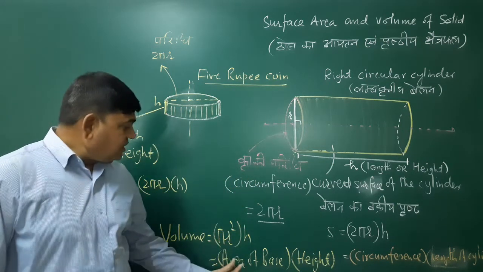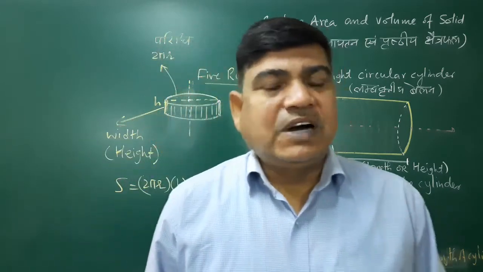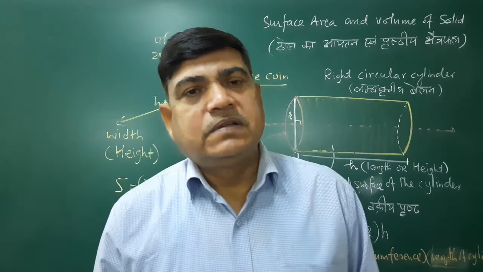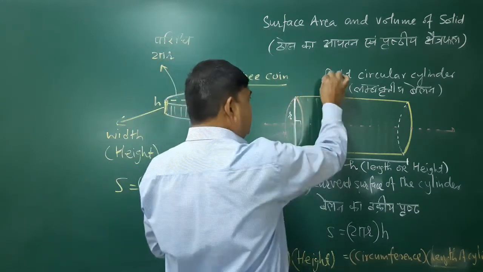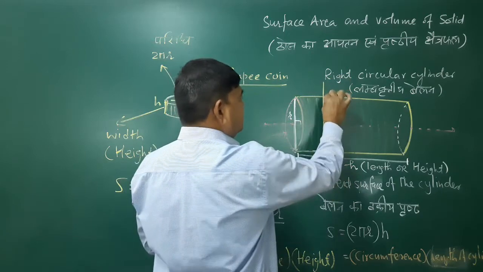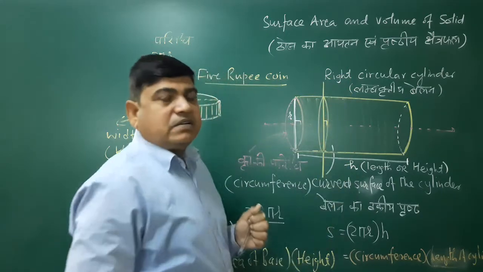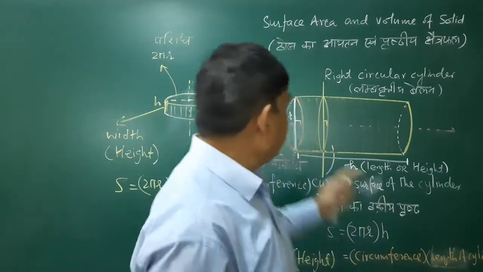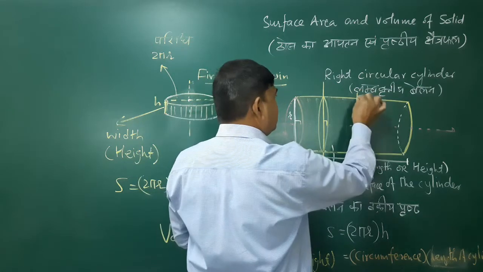Volume is given by area of base into height. जो आधार है, इस सिलेंडर को मैं इसके परपेंडिकुलर यदि कट करता हूं तो ये सर्कल बनता है, रिमेंबर, but it must be perpendicular to the axis.